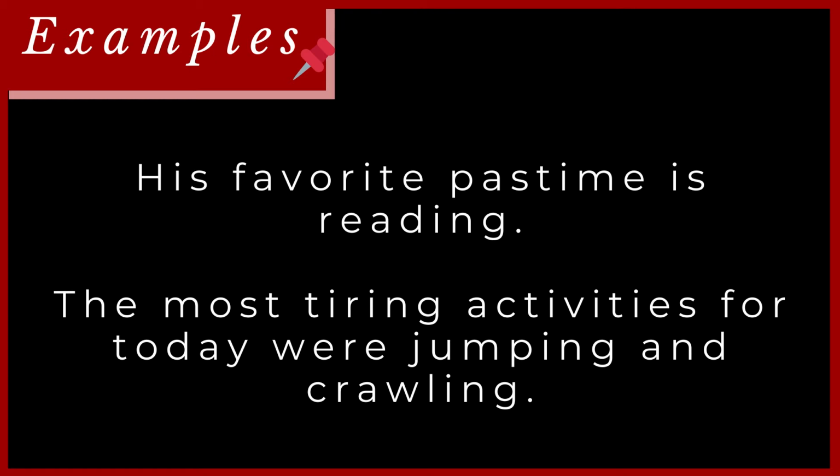In the first sentence, the gerund reading comes after the linking verb is and modifies the subject pastime. In the second sentence, the gerunds jumping and crawling come after the linking verb were and modify the subject activities.